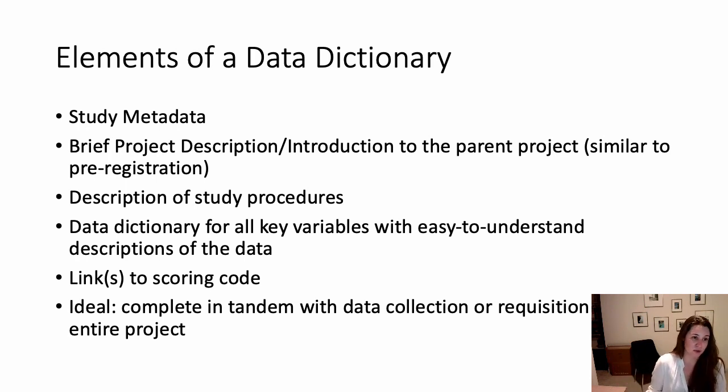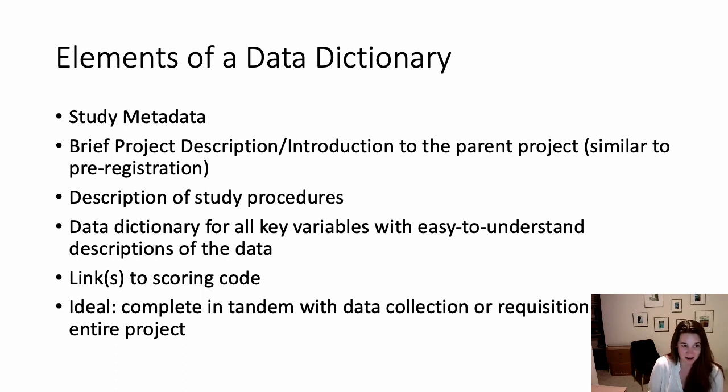This includes all of the study procedures, the introduction, the background, some initial information about what the study is, how it was funded, who was involved, when it started, all of this information that is really good background and really helpful if you are, for instance, 2 years, 3 years, 5 years, 10 years down the line, wanting to use this data and you can't remember or don't have access to a lot of this information.